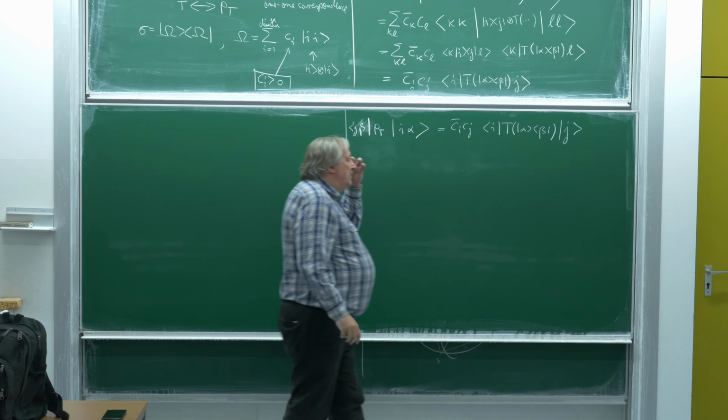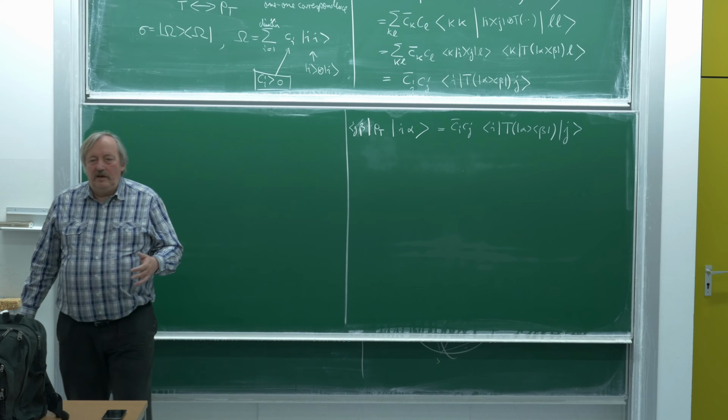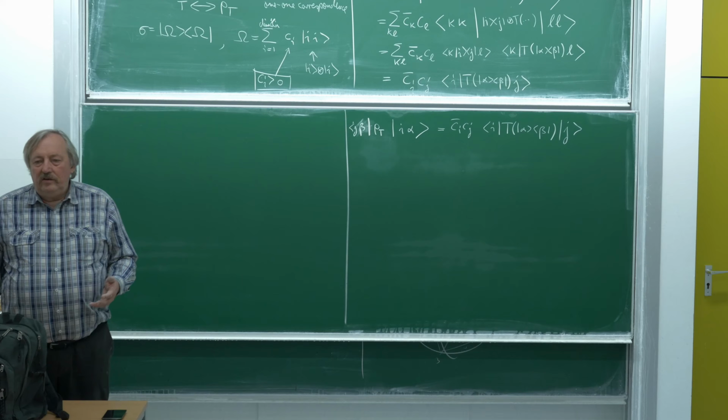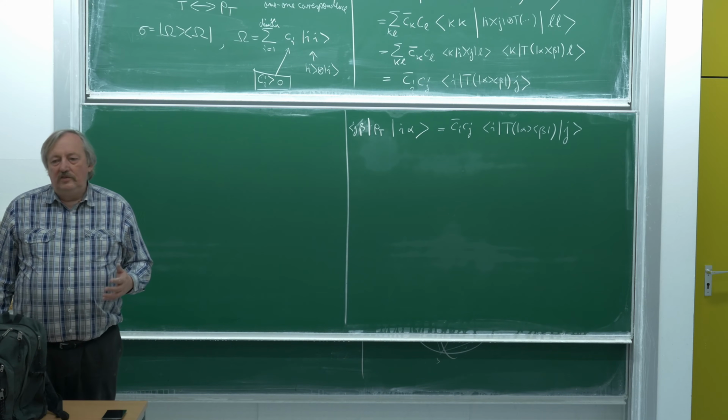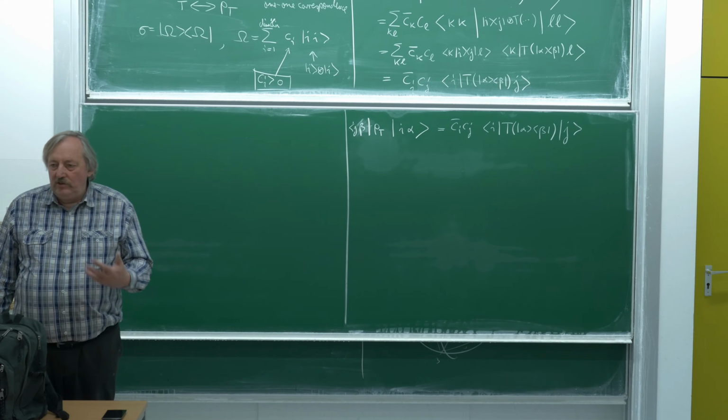So in other words, the coefficients that I need to describe rho_T are in one-to-one correspondence with those that I need to describe T. Right?